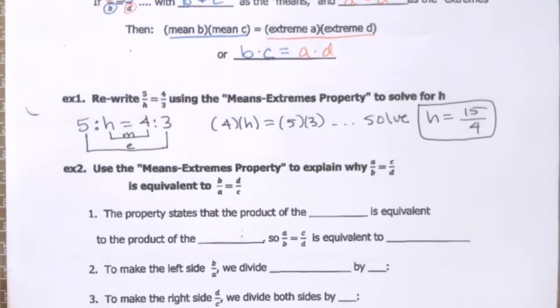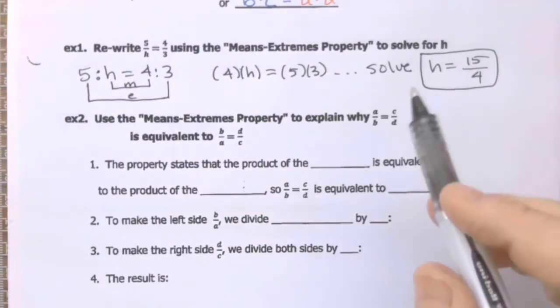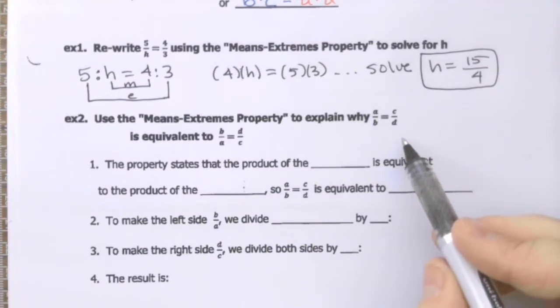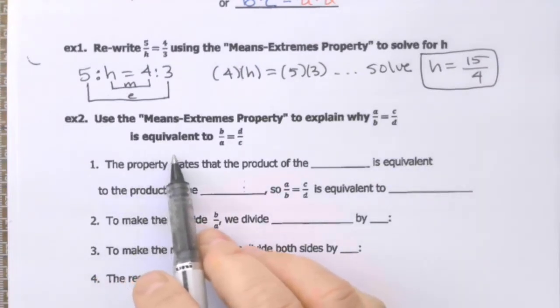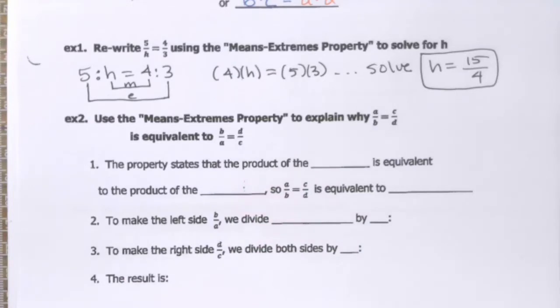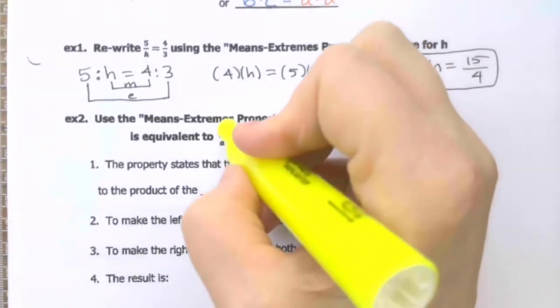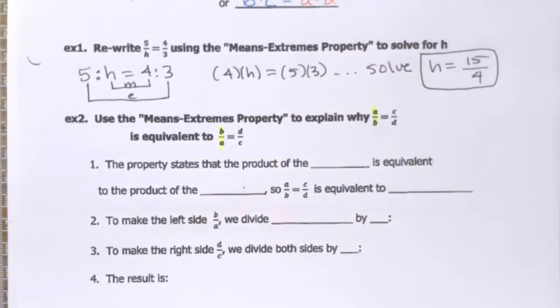Okay, so another application of the means extremes property is to explain why A over B equals C over D is equivalent to B over A equals D over C. Notice that A over B is flipped to be B over A. That's the difference. So how does this property explain this?